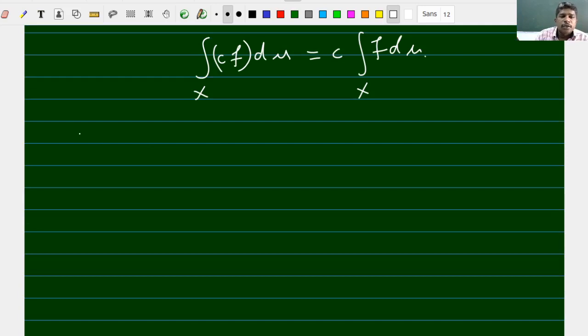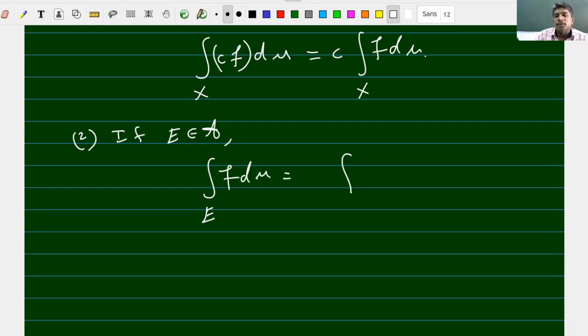The second property: if E is measurable, then the integral over E of f d mu can be compared with the integral over X. You take the integral over X of f d mu, but outside E, if the function is 0, then you can include all the points.